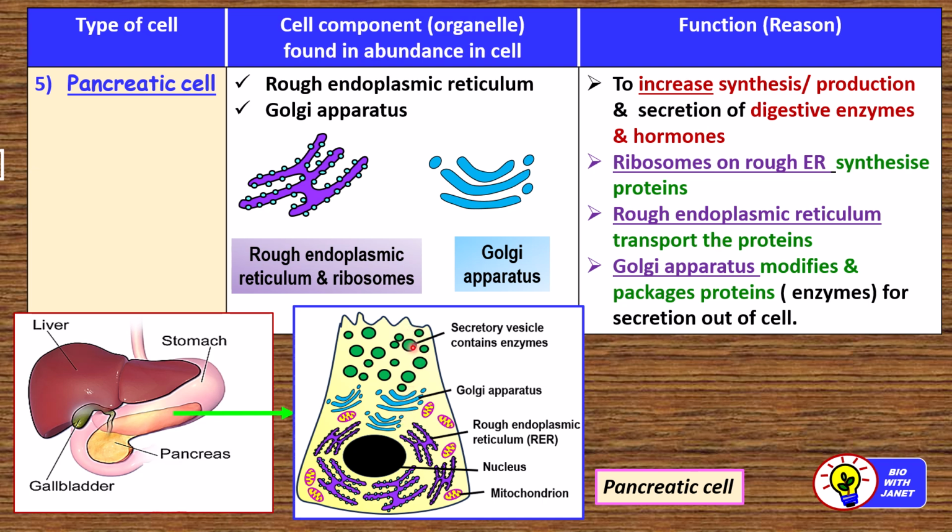These green structures are the secretory vesicles, which will move to the plasma membrane and secrete the enzymes out of the cell. And the pancreatic cell also has a lot of mitochondria to provide the energy for protein synthesis. That's something extra.